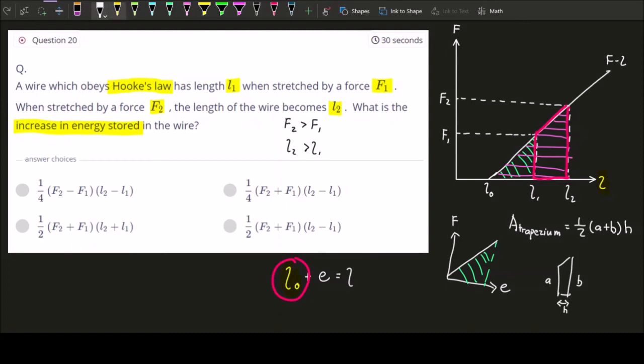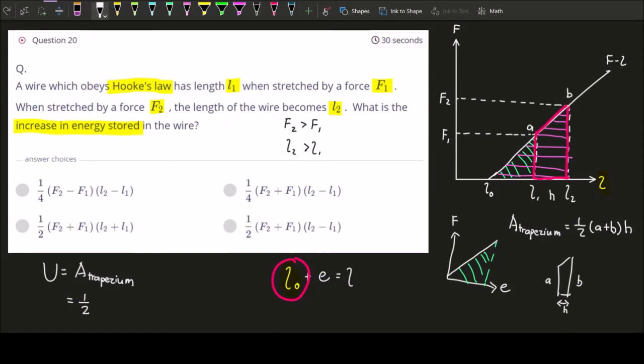So if we incorporate this formula to find the area under the graph, which is equal to the increase in energy stored, the area of the trapezium will be half (A plus B) times H. Our A is this, our B is this, and our H is this.